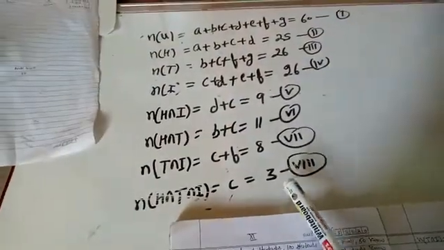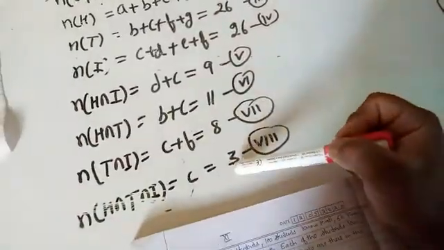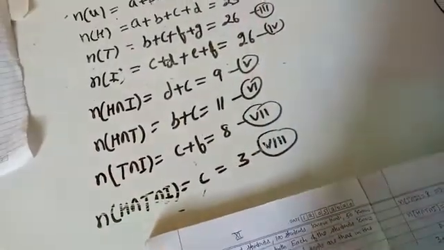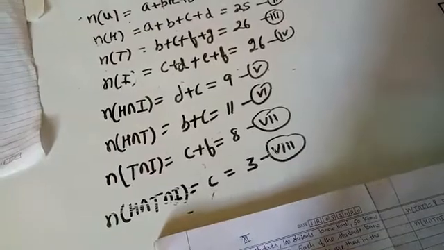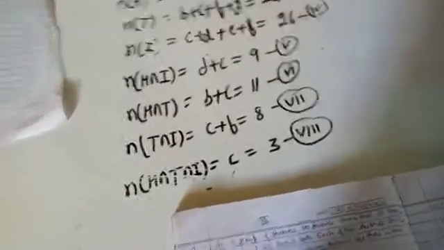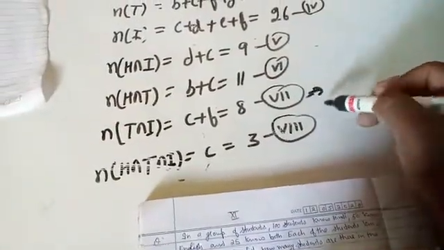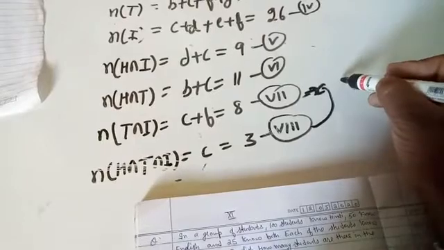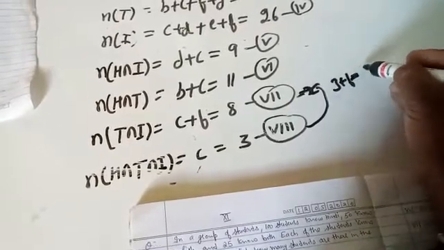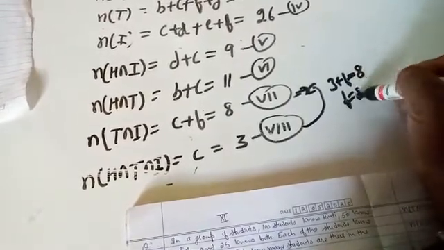With the help of these equations, we have to solve them all and find the values. As the value of C is given here, if we put it in the seventh equation, it becomes 3 plus F is equal to 8, F is equal to 5.